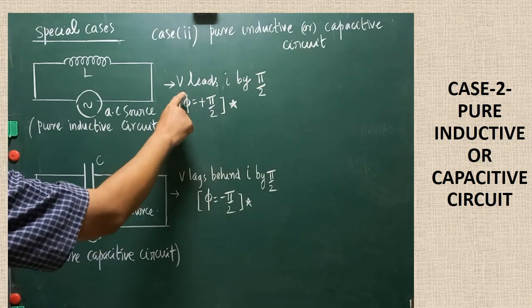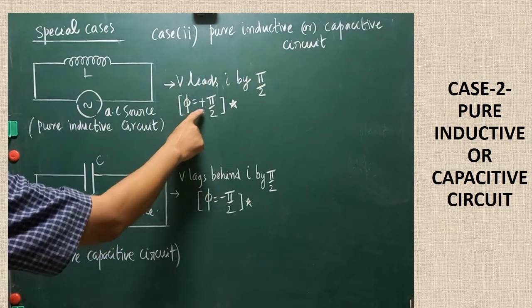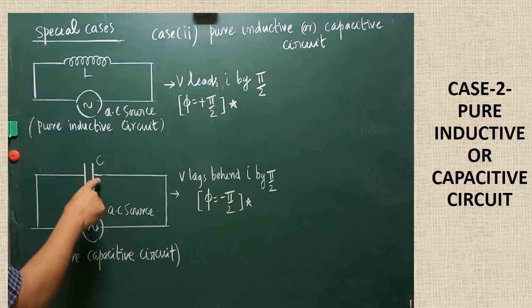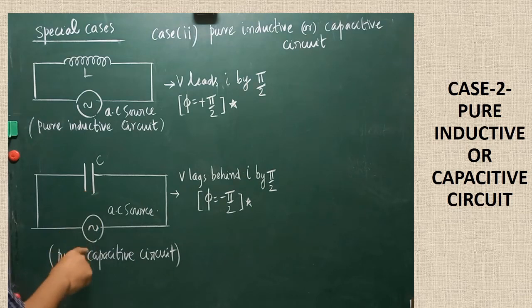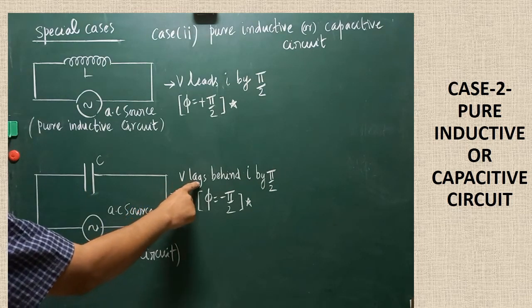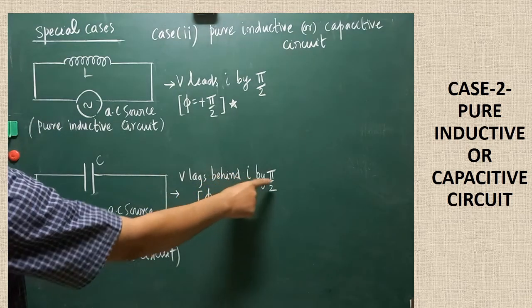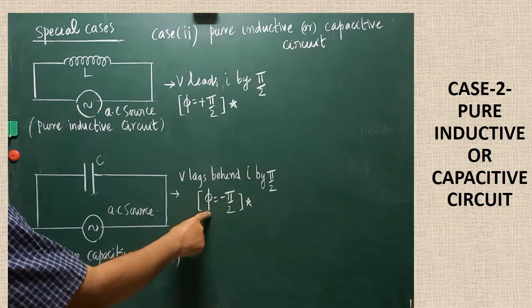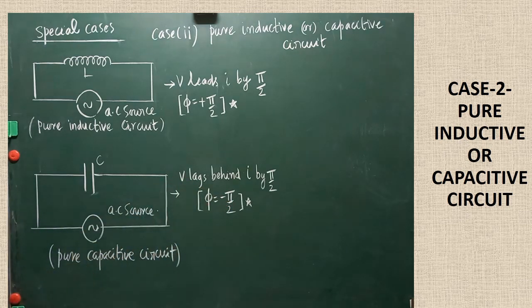That is, the phase difference between V and I will be equal to plus pi by 2. In the case of a pure capacitive circuit, we have learnt that V lags behind current by pi by 2. So here the phase difference phi is equal to minus pi by 2.